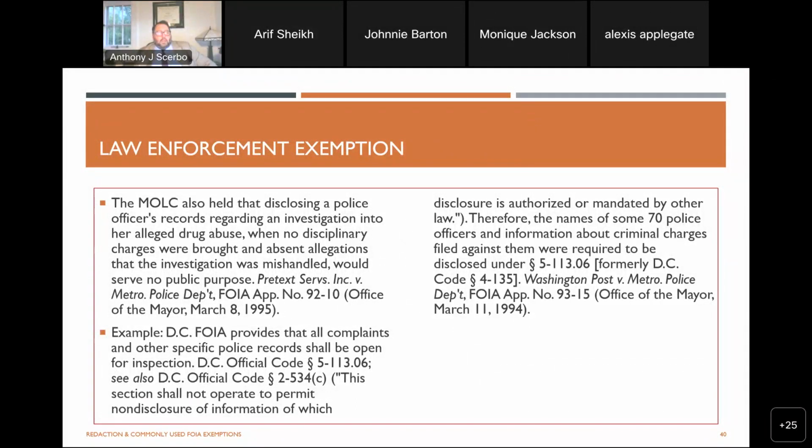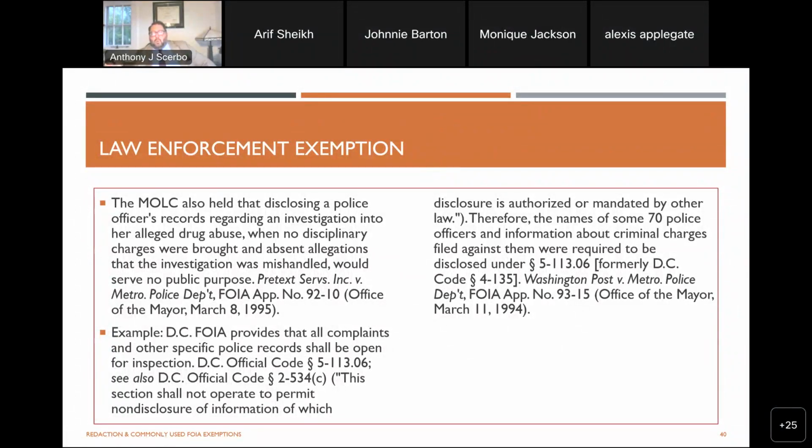DC FOIA provides that all complaints and other specific police records shall be open for inspection. That's in section 5-113.06, and also you could look under DC FOIA 534C. This section shall not operate to permit non-disclosure of information of which disclosure is authorized or mandated by other law.